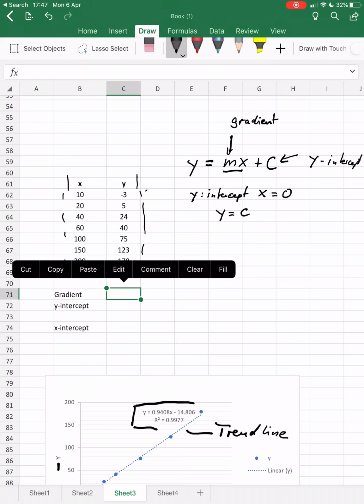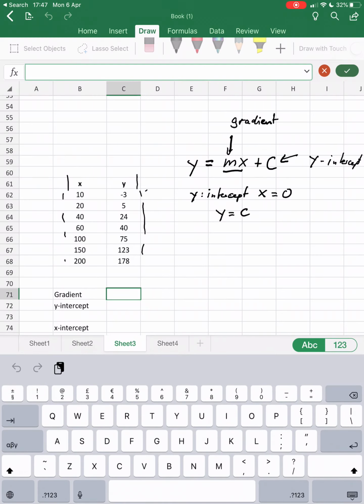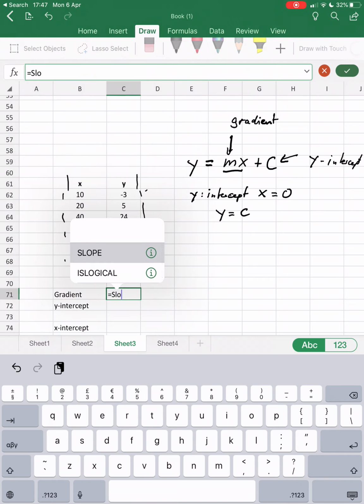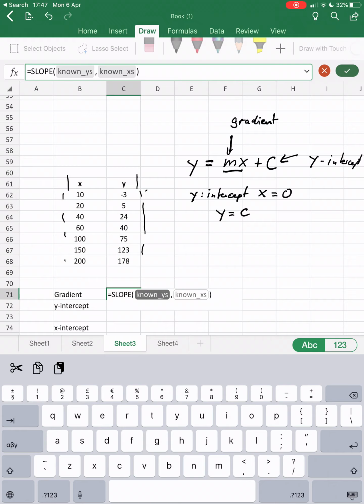So if we want to calculate the gradient, we just put in equals slope. So this is the slope function in Excel, and it asks us for the known y value, and here the order is really important.